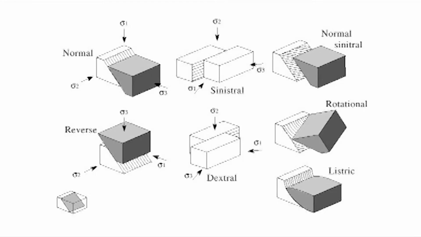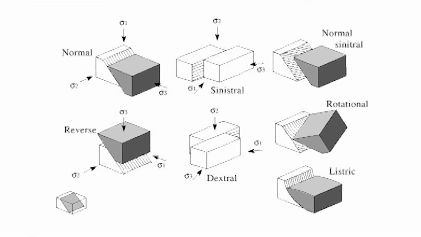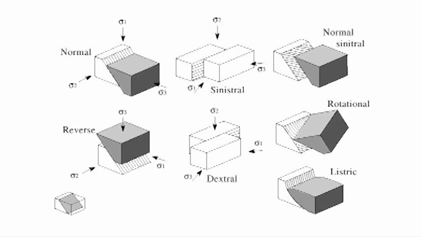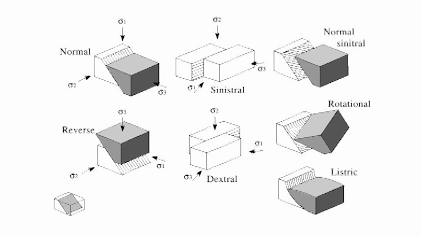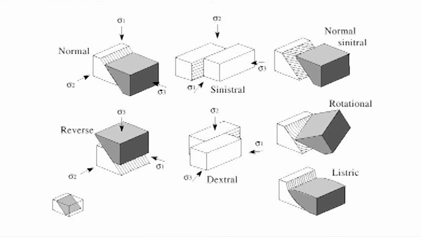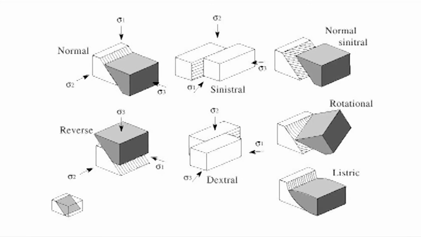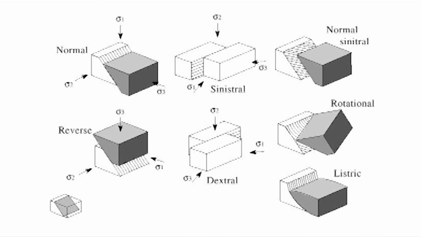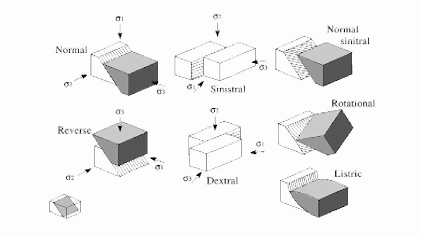The dextral fault, this is another term that is used, dextral and sinistral. A dextral fault is a right-handed, right lateral fault, the sense of the displacement in the strike slip fault zone where one block is displaced to the right of the block from which the observation is made.